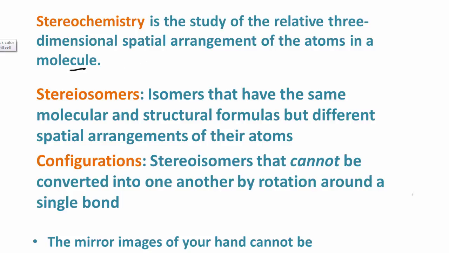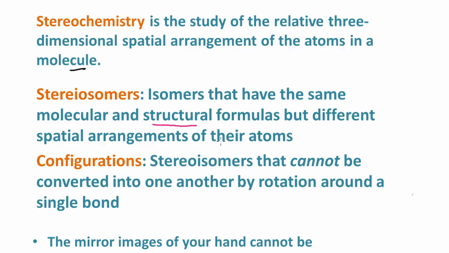We've already talked about constitutional isomers, and we know that constitutional isomers have the same molecular formula, but they differ in how the atoms are arranged. Stereoisomers, on the other hand, have the same molecular and structural formulas, but they differ in the spatial arrangements of their atoms.